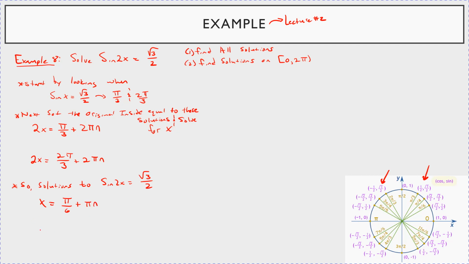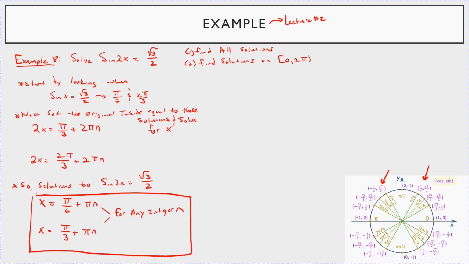The other one, when I divide by 2, is 2 pi over 6, or pi over 3, plus n pi, in both cases for any integer n. That's how you find all the possible solutions.